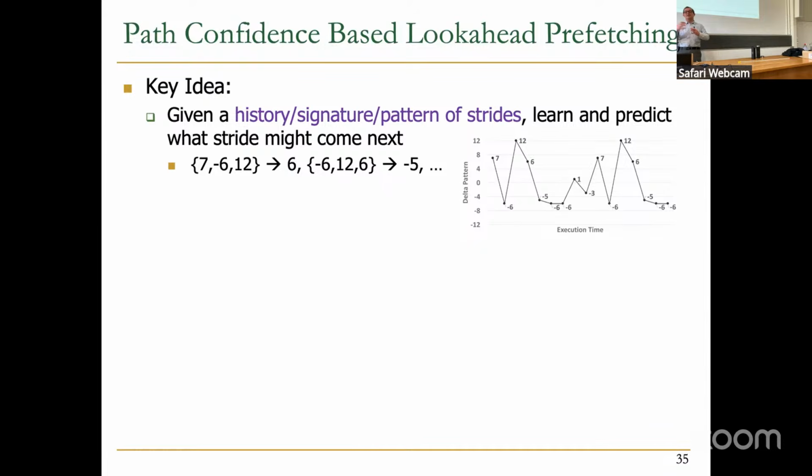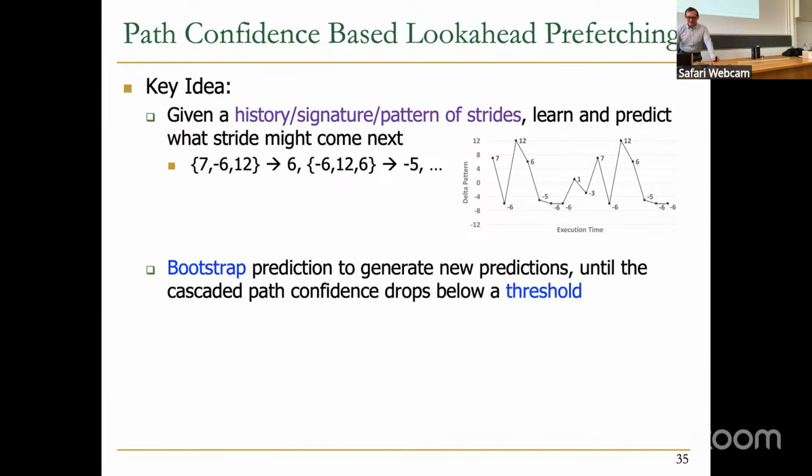Then based on the previous executions, you predict 6 will come next. This is again table-based prediction. Keys could be of size 3 in this case, and values could be of size 1, or size 2 or 3, meaning you predict the next and the next stride also. That's the general idea.